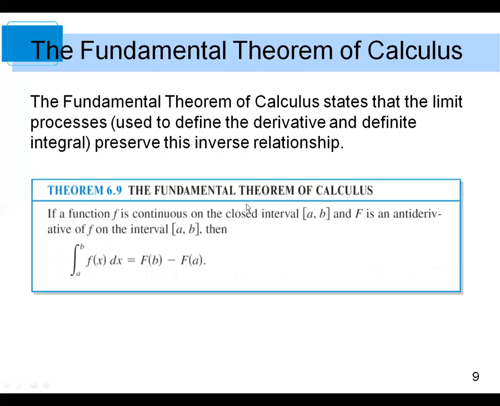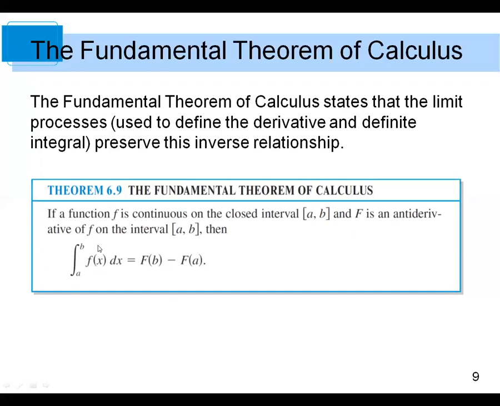So the fundamental theorem of calculus states that the limit process used to define the derivative and definite integral preserve that relationship. So the fundamental theorem of calculus looks like this. If a function f is continuous on a closed interval a to b, and capital F is an antiderivative of little f on the interval a to b, then the definite integral of little f is equal to capital F of b minus capital F of a.